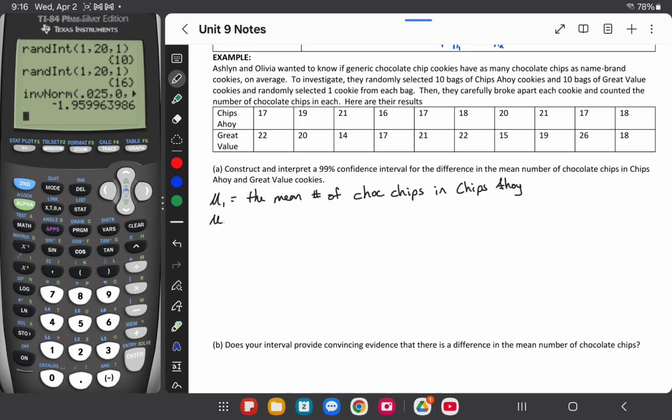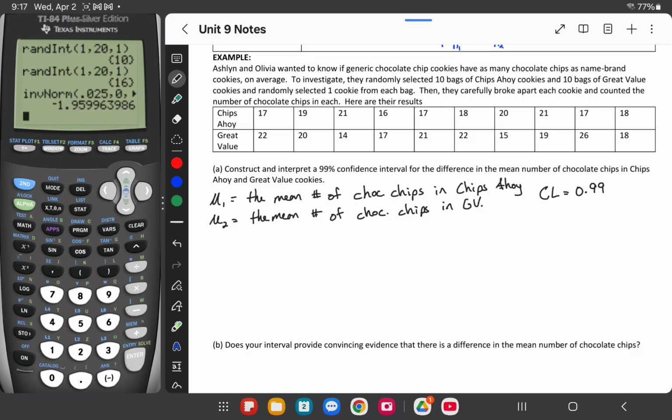And let's let mu2 be the mean number of chocolate chips in the Great Value brand. And then for our confidence level, it does tell us it wants us to use a 99% confidence level. So confidence level is going to be 0.99.